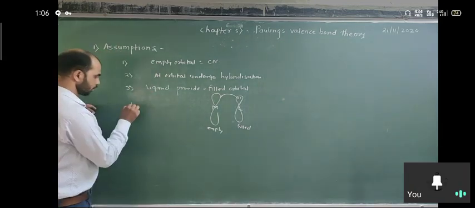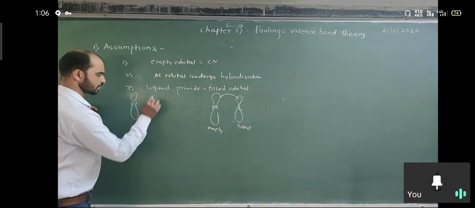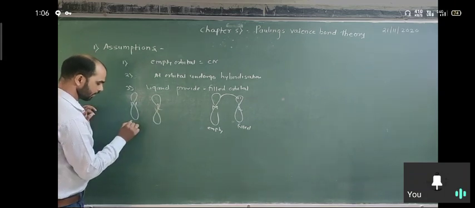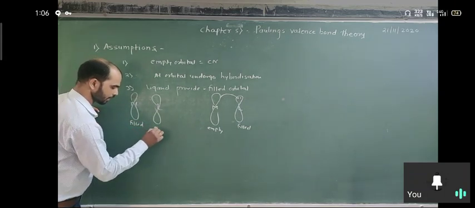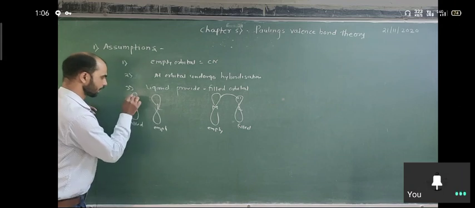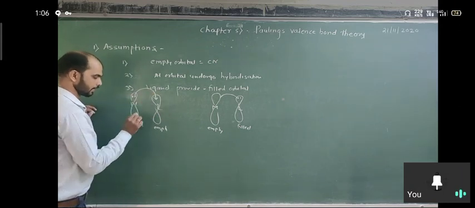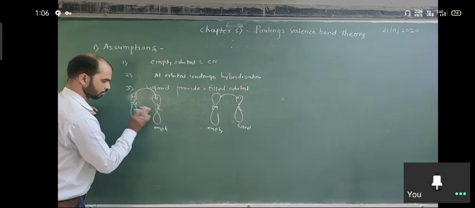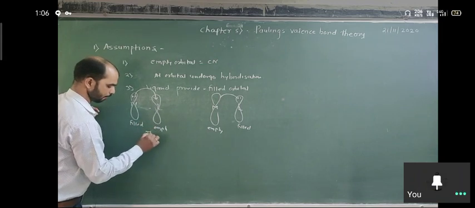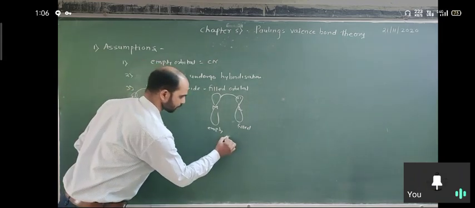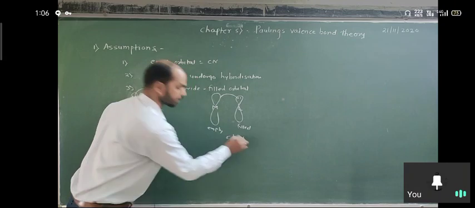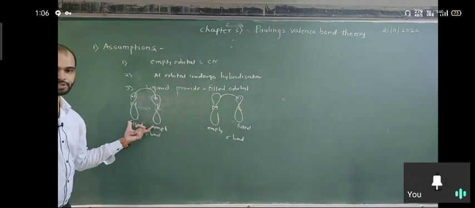Suppose this type of condition is available, so here is the filled, here is the empty. At that time electrons are donated. The result is the formation of a pi bond here, and a sigma bond here. इथं काय तयार होणार आहे, सिग्मा बॉन्ड तयार होणार आहे, इथं पाय बॉन्ड तयार होणार आहे.